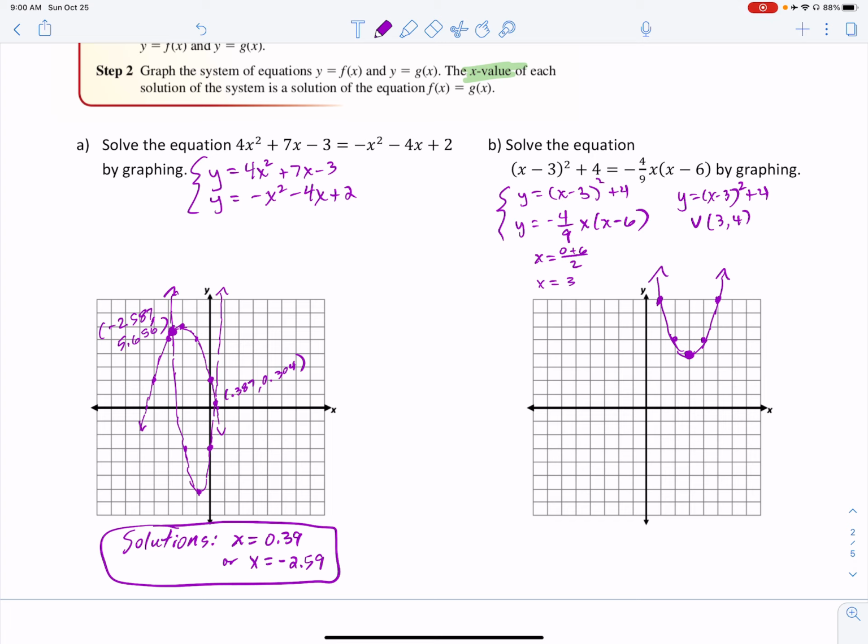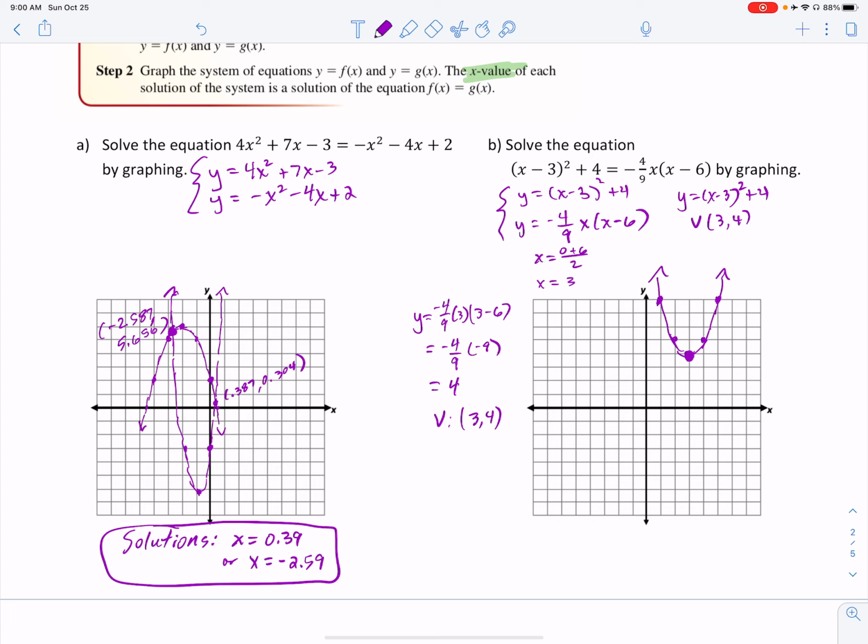And if I plug that x value of 3 into the equation, I get a negative 4/9 times 3 times a negative 3, which is a negative 9, and it happens to come out to 4. So the vertex for that second equation is also 3, 4, but this parabola opens down.